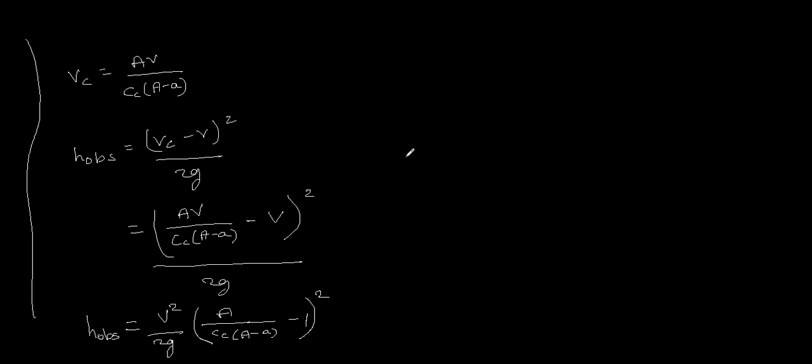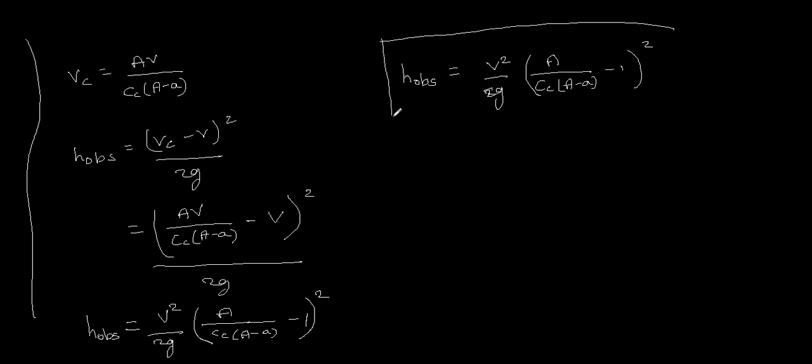Again I would like to write the formula: HOBS, the obstacle loss of energy or head due to an obstruction, is V square by 2G into A by CC into A minus small a, minus 1, whole square. This is the equation for finding the loss of energy due to an obstruction in a pipe.